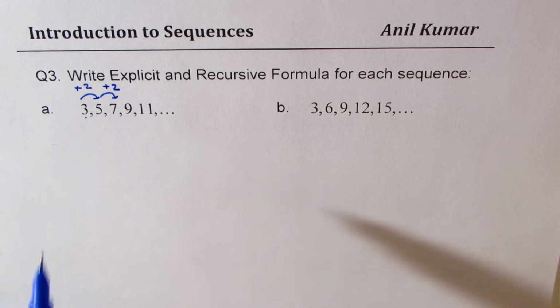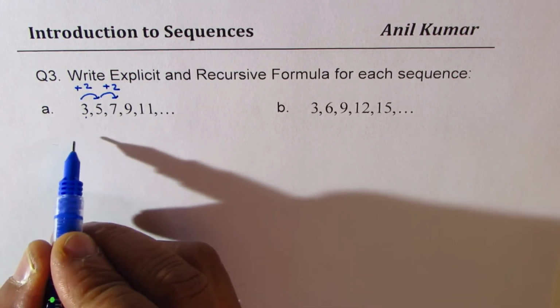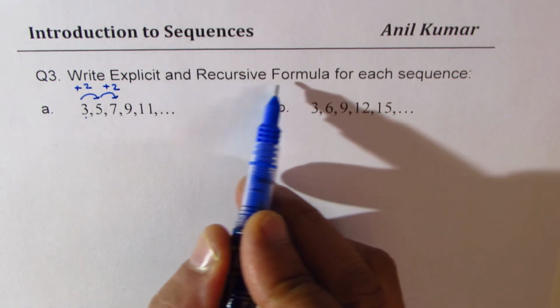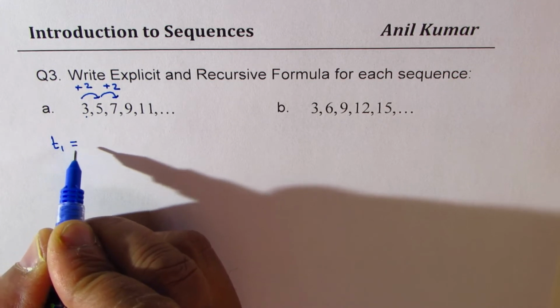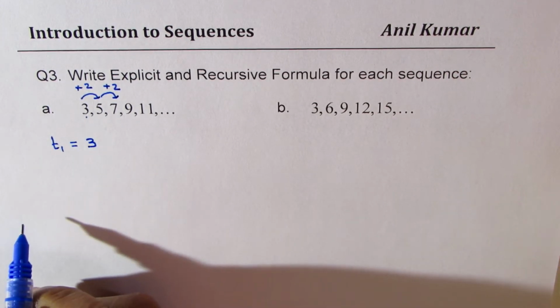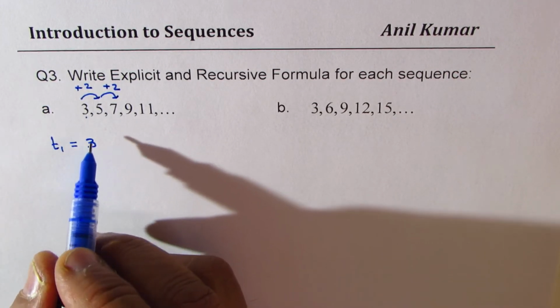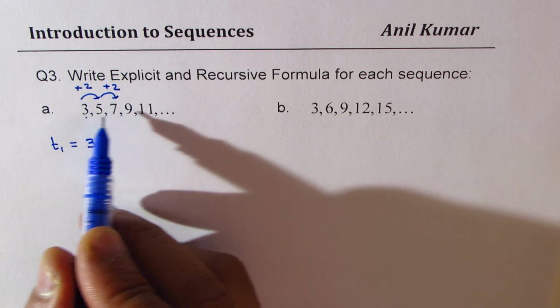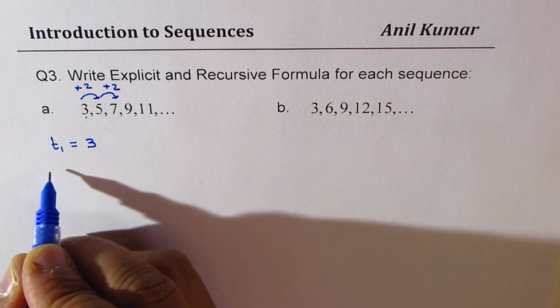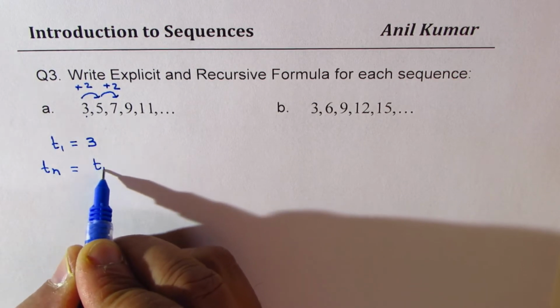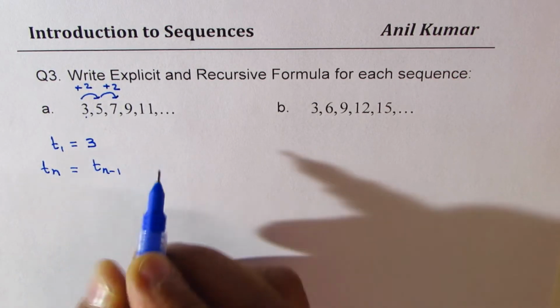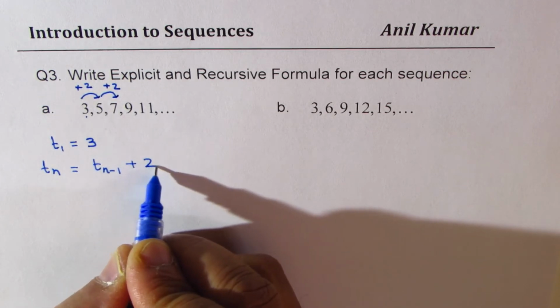Now we could write this as, let me write recursive formula first, right? So we can say T1, the first term here, is 3, and we are getting the other terms by adding 2. So we can say Tn is previous term, which is Tn minus 1, plus 2.